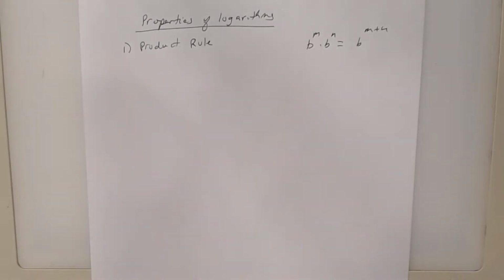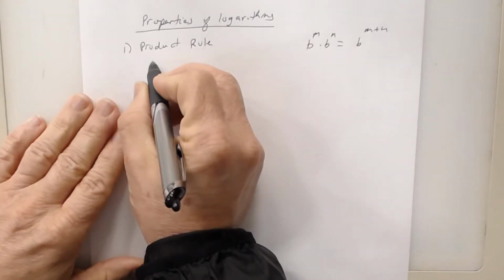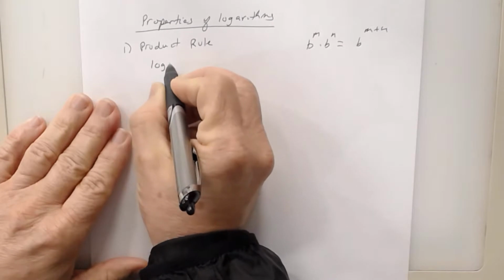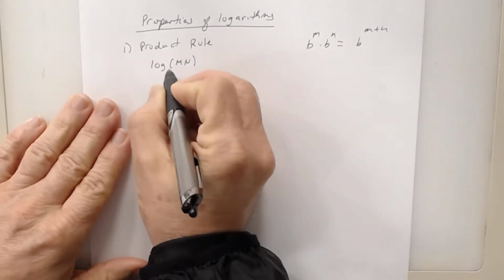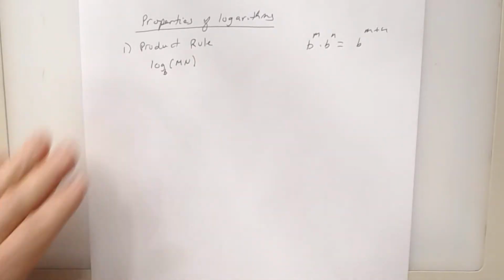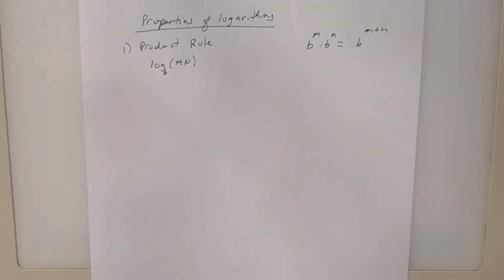The product rule for logarithms says this. The log of m times n base b. If you look at the product rule for exponents, what do you do with those exponents? I added them.